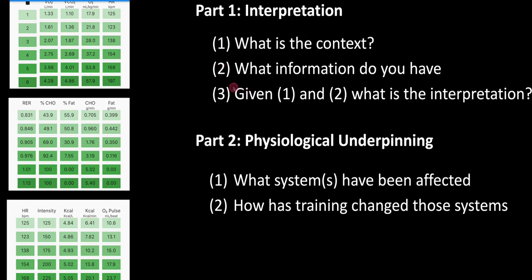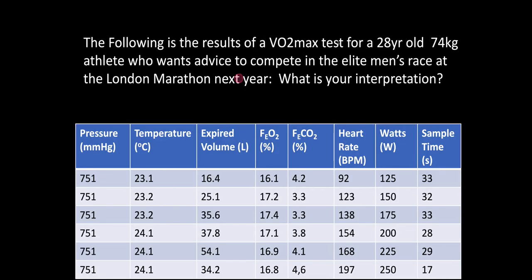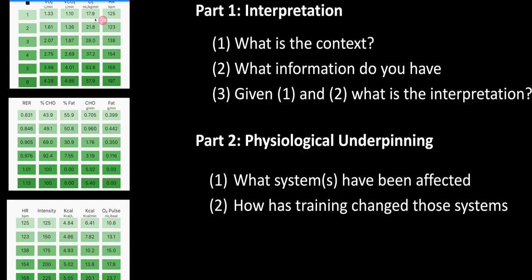What information do we have? Well, we've got his age, his body mass, and then we've got the results of each of those different stages of his VO2 max test. And given 1 and 2, what would our interpretation be? His VO2 max peaks out at 57.9, so just on 58 mil per kilo.